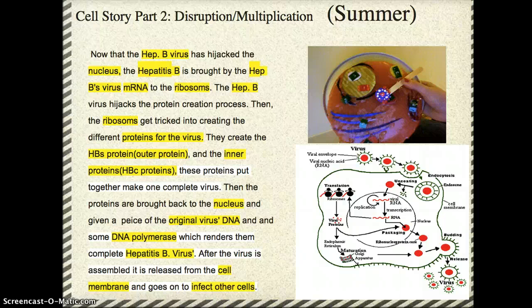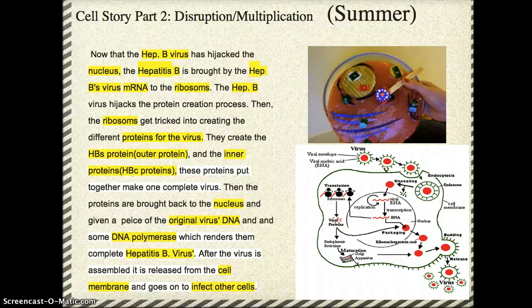Now that the hepatitis B virus has hijacked the nucleus, it is brought by the mRNA to the ribosomes, the protein creation area of the cell, and the virus hijacks the protein creation process.